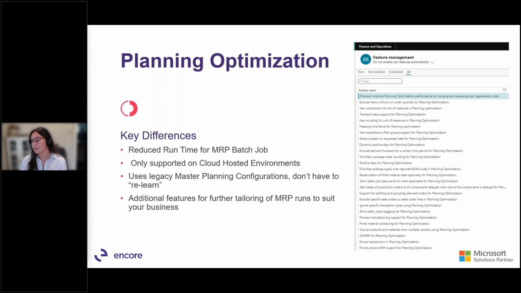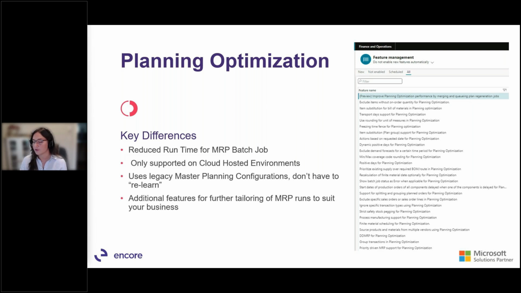In addition to some of those new configurations, there are some additional features. They're constantly coming out with new features for planning optimization that can be enabled. I've included a screenshot of those features here on the right-hand side of the screen. It's available in the feature management workspace.